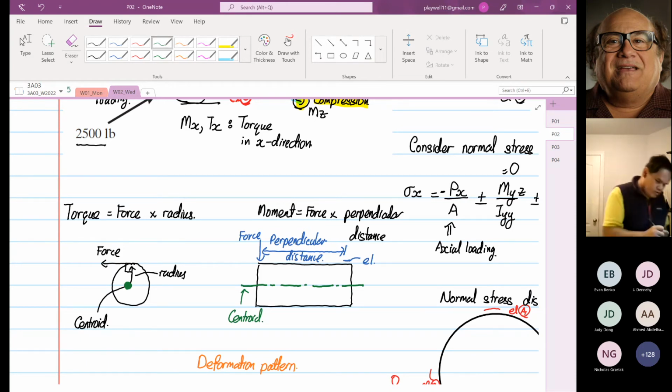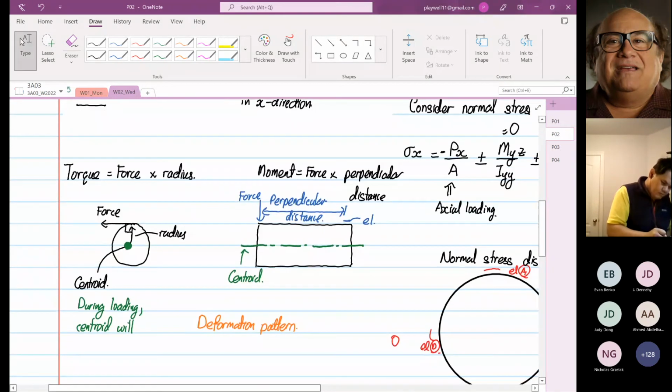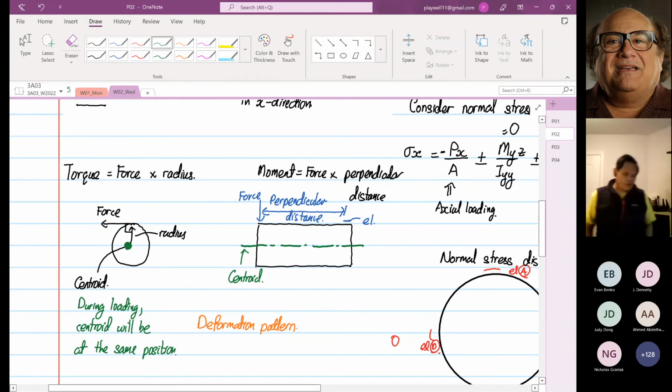Okay, good. So during loading, the centroid will be at the same position. When it is bending, the centroid will not be at the same position.